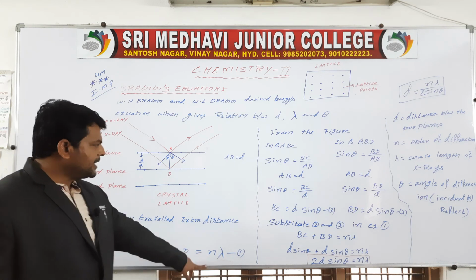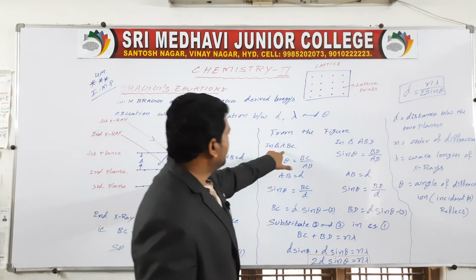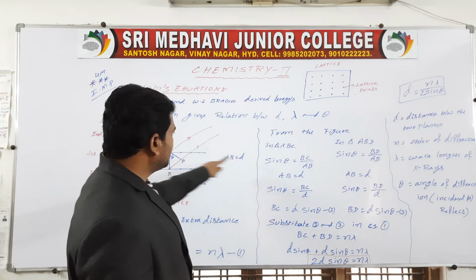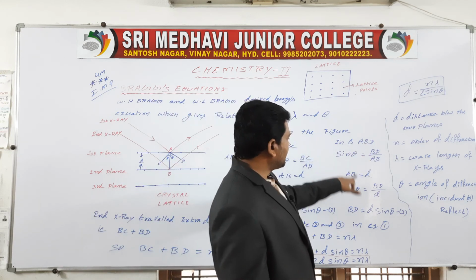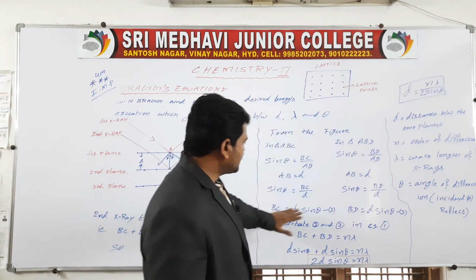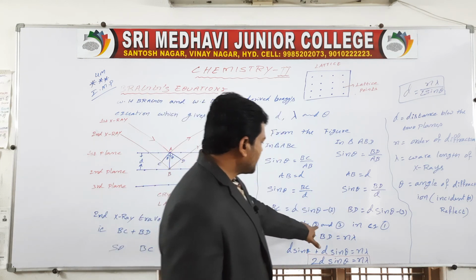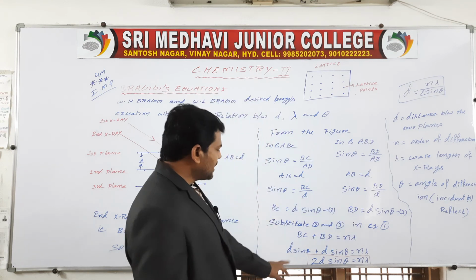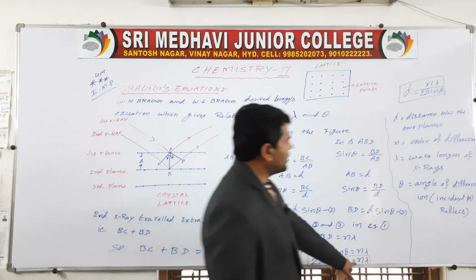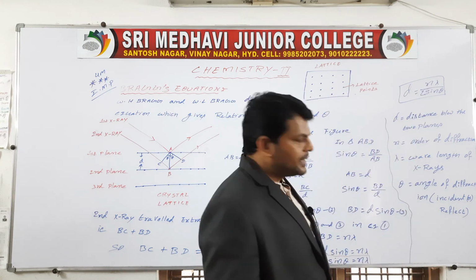From the figure, in triangle ABC and in triangle ABD we calculate sin theta. Then substituting 2 and 3 in equation 1, you get 2d sin theta equals n lambda. So d equals n lambda by 2 sin theta.